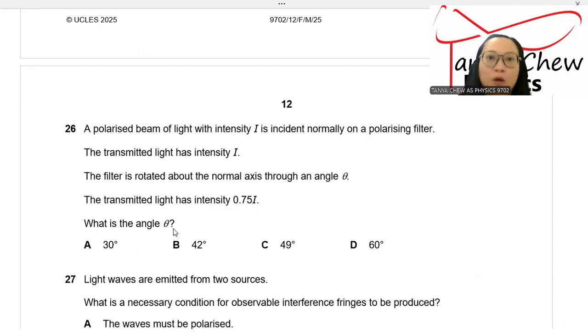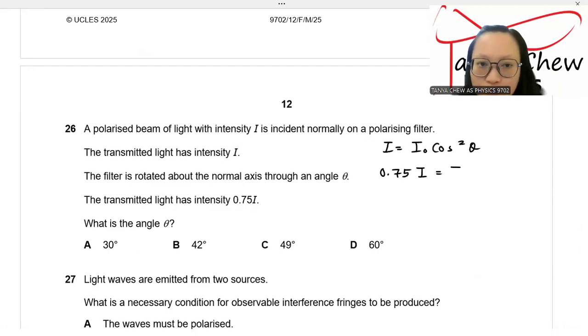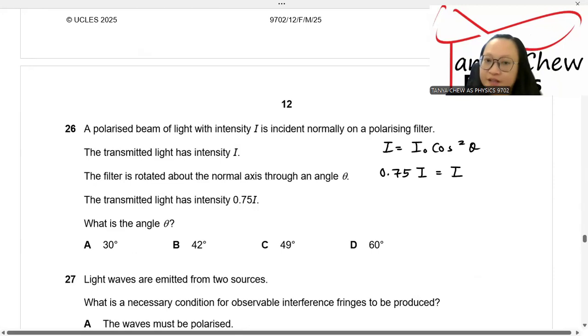You have to use Malus's law. So I is equal to I naught cos squared theta. I is equal to 0.75 I, where I is the transmitted intensity, right? So all you need to do is make cos squared the subject.